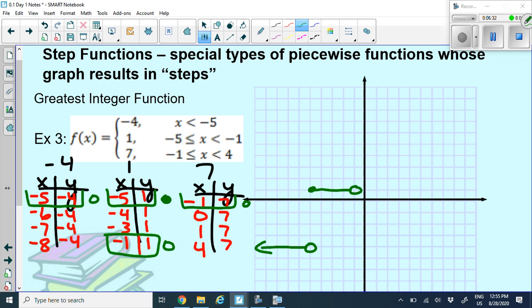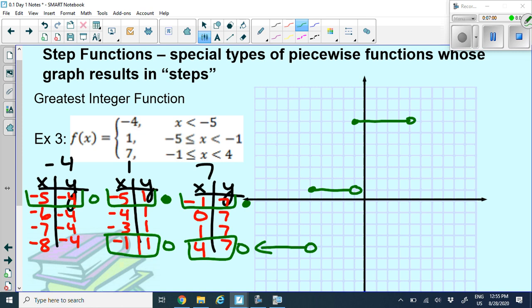Well, hopefully you said closed, because at -1, that has the equal bar, right? Then at 4, 7, will this have an open or closed circle? Hopefully you said open, because there is no equal bar there. Okay. So I go -1 up 7, so 1, 2, 3, 4, 5, 6, 7, that is closed. And then I go to 4, 7, that's open, and I made a segment.